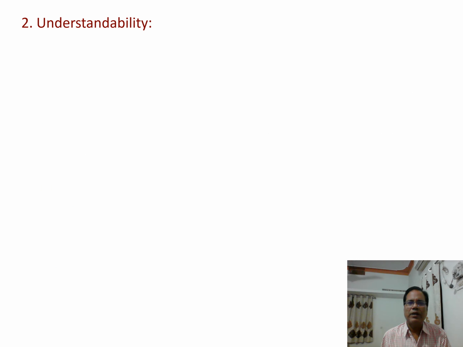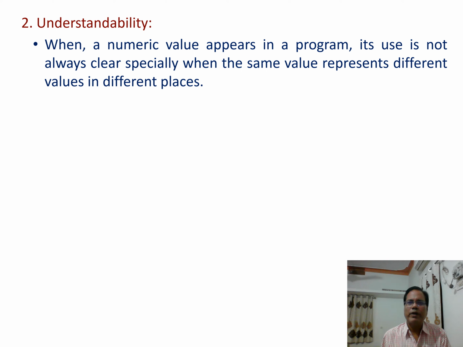The second one is understandability. What does it mean? When a numeric value appears in a program, its use is not always clear, especially when the same value represents different things in different places.